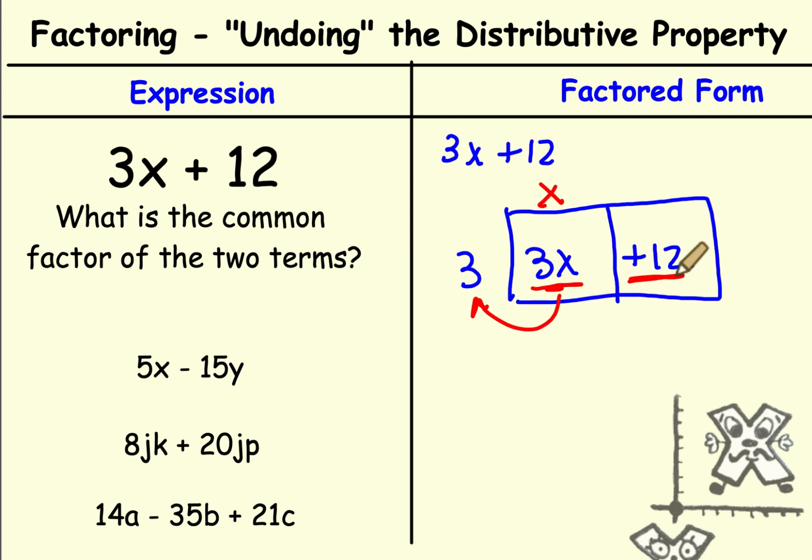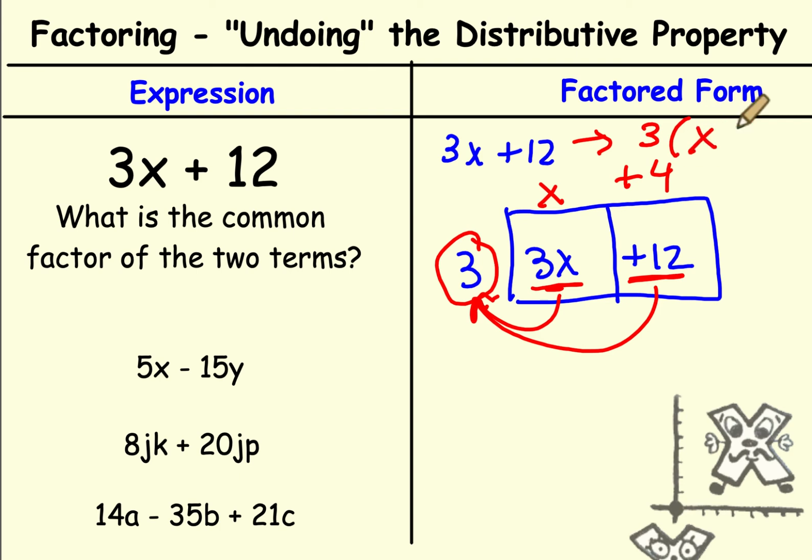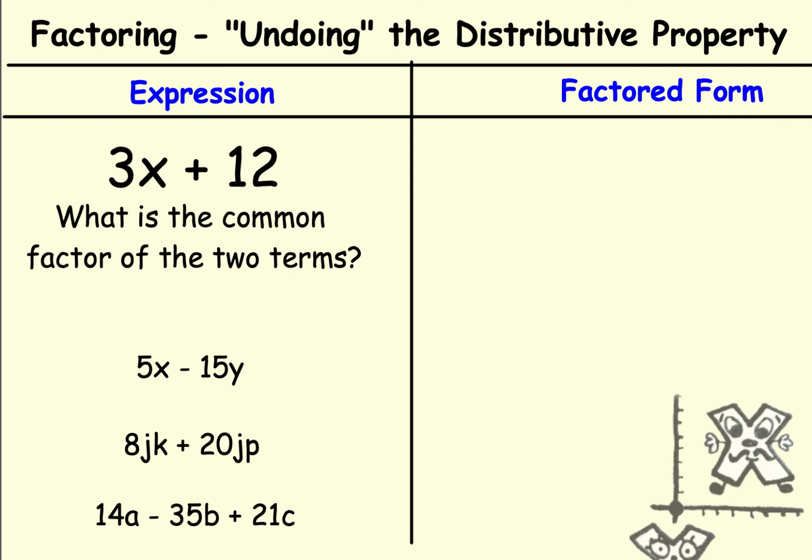If I had 12 and I divide it by that 3, what would I get? 12 divided by 3 is 4. So that means 3x plus 12 in factor form would be the 3 times what was left over, x plus 4. Okay, let's try that on some others.